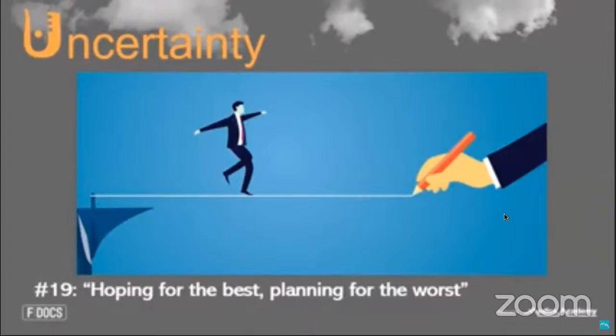So we can often say, yes, it is difficult not knowing what's going to happen and how quickly things might change. Why don't we plan for the worst and then hope for the best? So you can do that planning, you can consider all these potential outcomes, all these bad things, the worst things you might be thinking about, and then you've done that planning, you can park it aside and you can focus now on hoping for the best.